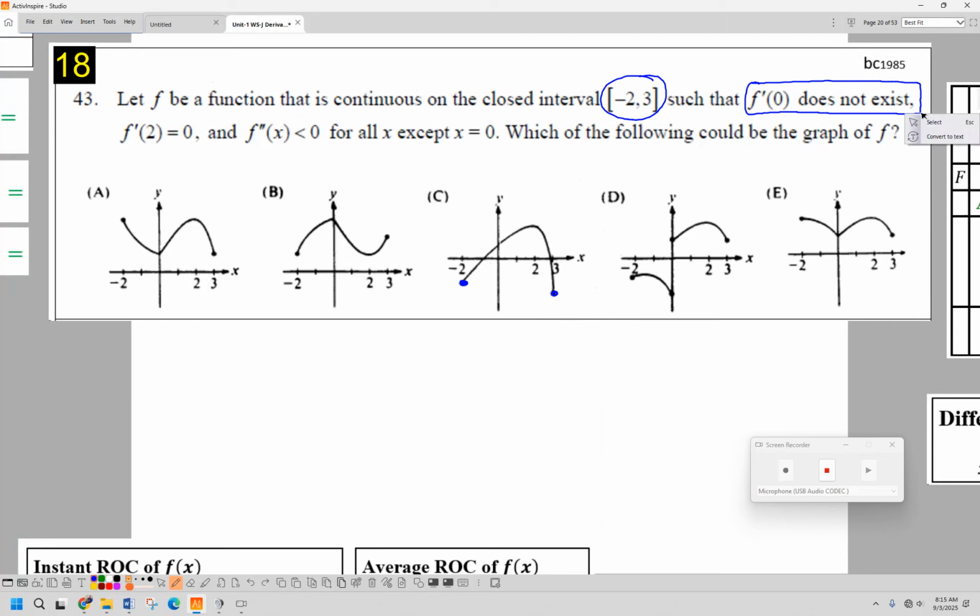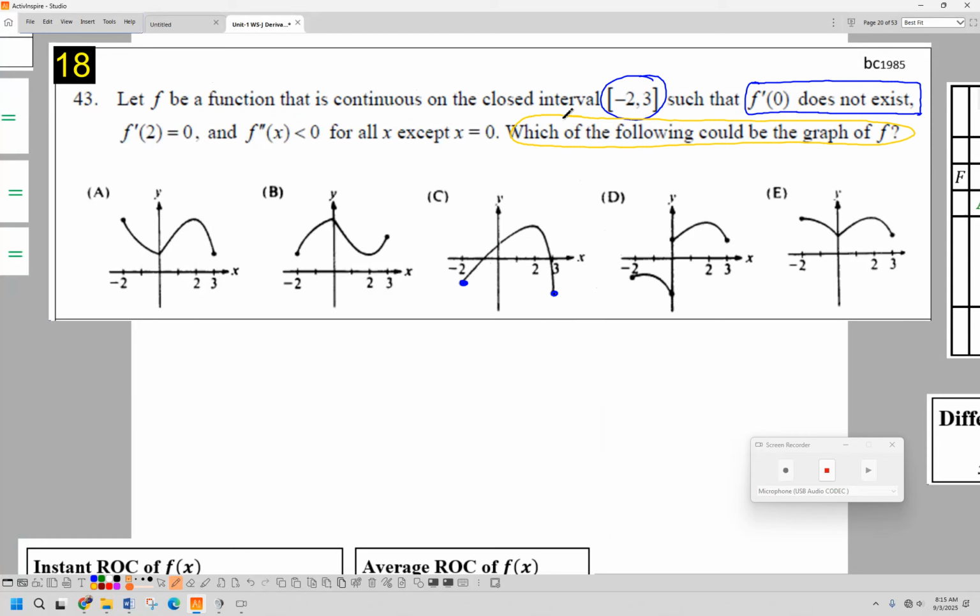You can see that because they told us right here which of the following could be the graph of f. That's our question. So we're looking at possible graphs of f. And they then say that f prime of 0 does not exist.